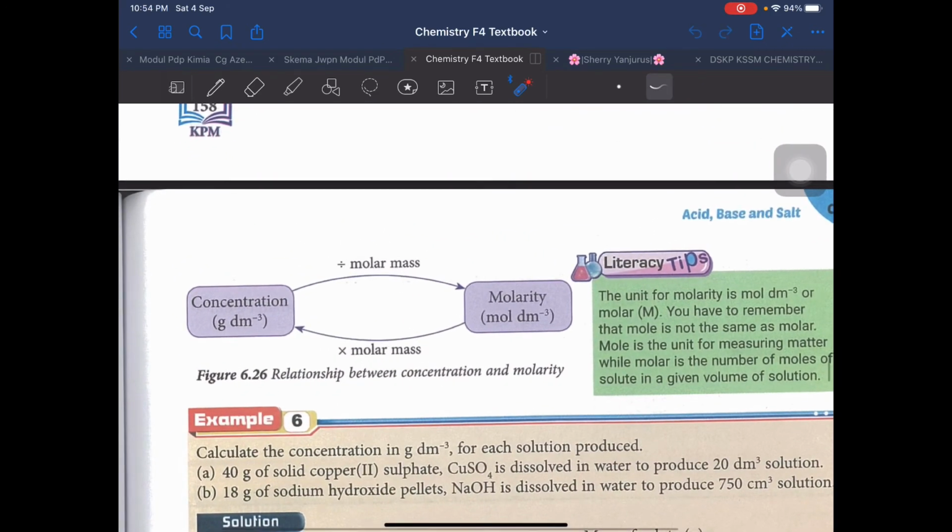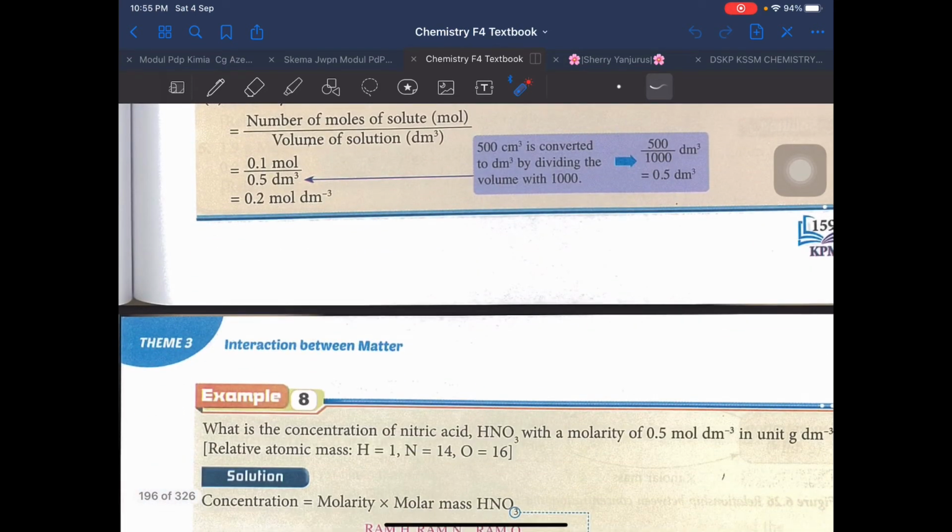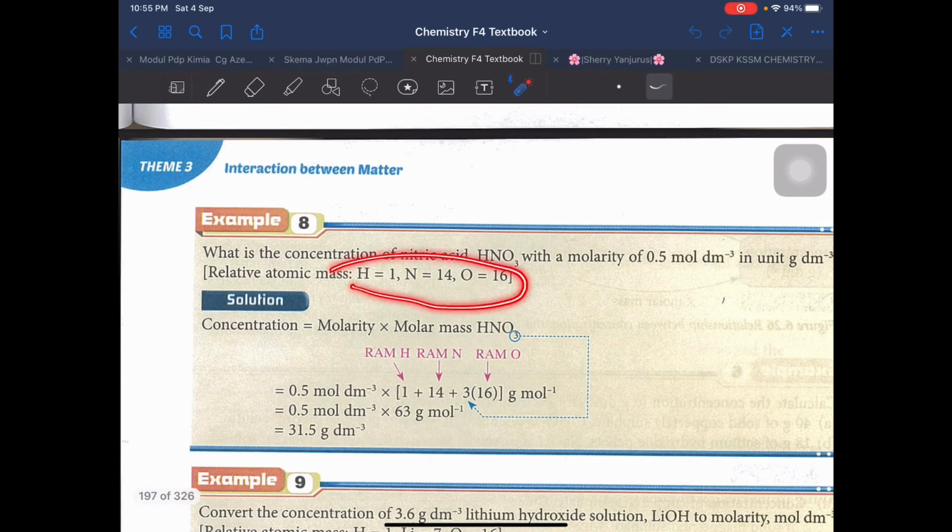Look at this here. The soalan gave you mole per cubic decimeter just now, kan? You want to find gram per cubic decimeter. So, apa kamu buat? Darab. You have to darab the molar mass, times the molar mass. That's why the soalan gave you this one, so that you can find the molar mass. Okay, look at the solution over here.